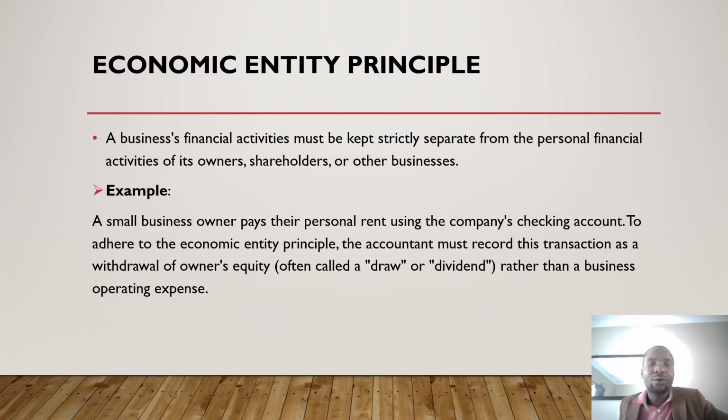It's a personal rent. So this has to be kept separate from the business. So this transaction will be recorded as money that has been moved out of the business. Yeah, so that's basically what the economic entity principle dictates us to do.